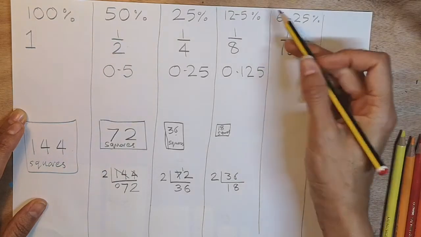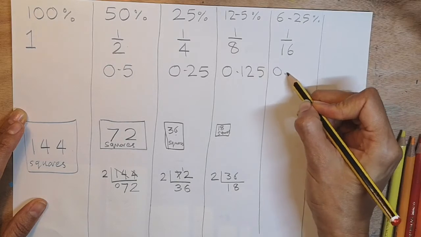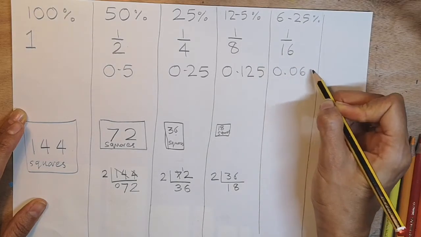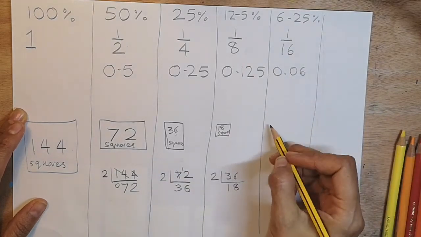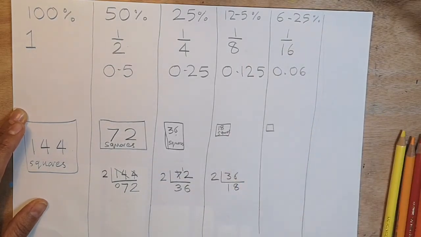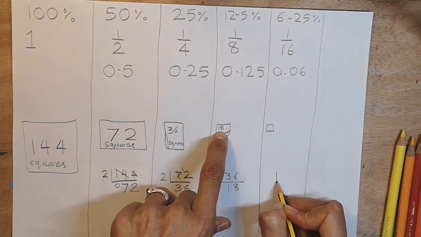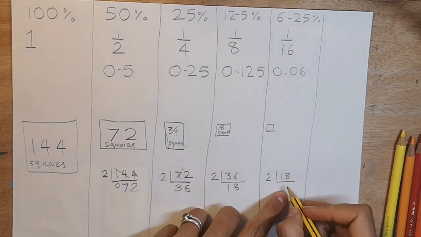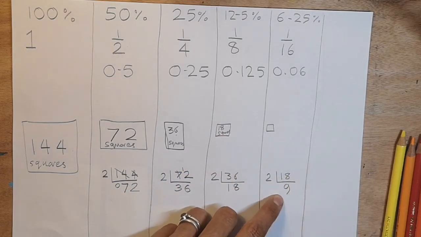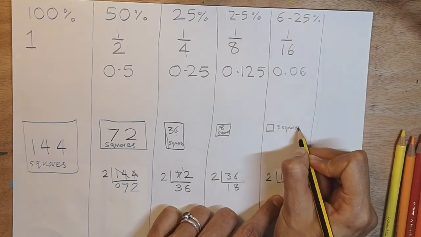And if we divide this by 100, we get 0.06, which is the decimal. Again, how many squares is this? Let's divide 18 by 2. 18 divided by 2 is 9. So this will be 9 squares.